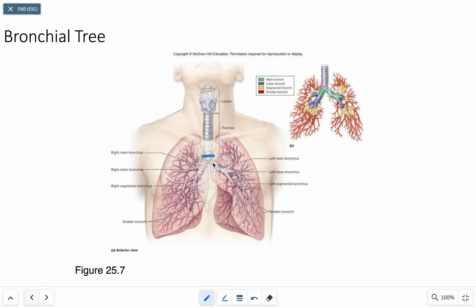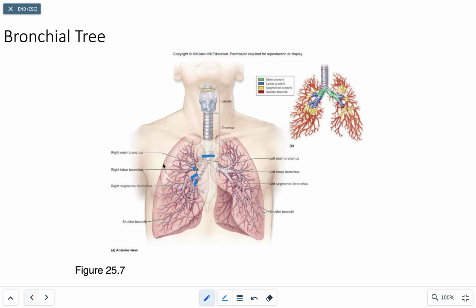From the main bronchi, we go into smaller segments, the right lobar bronchi, so right here, here, and here. These are also called the secondary bronchi. On the right-hand side, we have 3 lobar or secondary bronchi, and on the left side, we have 2.